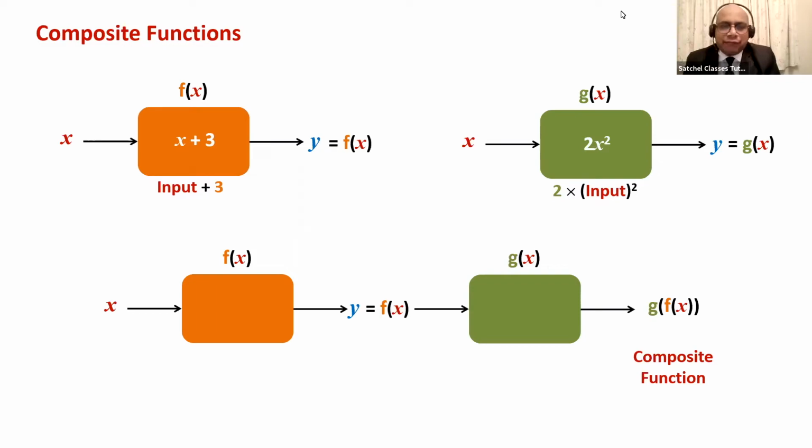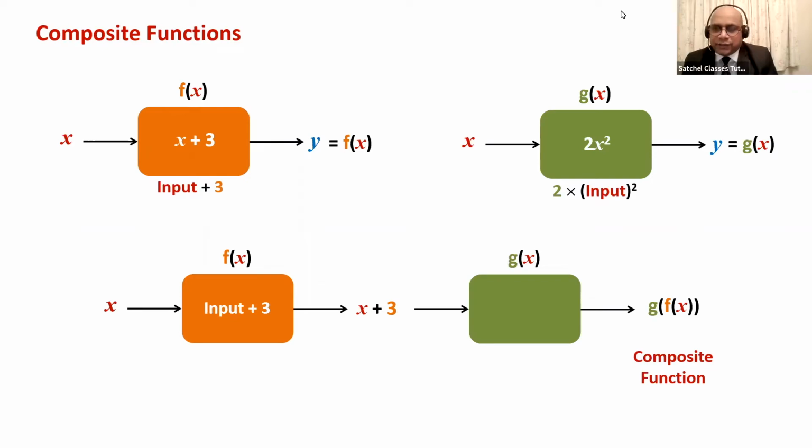Now, how do you find the value of this composite function? For that, let's track right from the beginning. It's like a two-step function machine. So f of x is input plus 3, correct? So whatever is the input, you add 3 to get the output. The input is x, the output will be x plus 3.